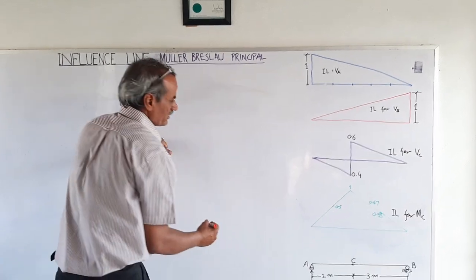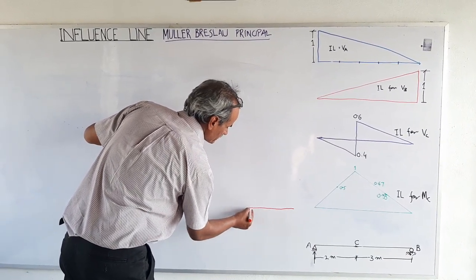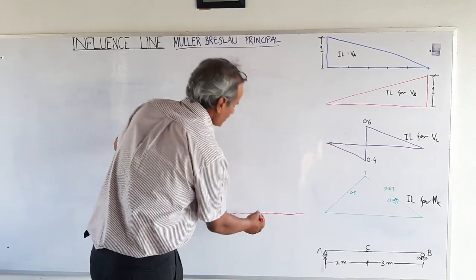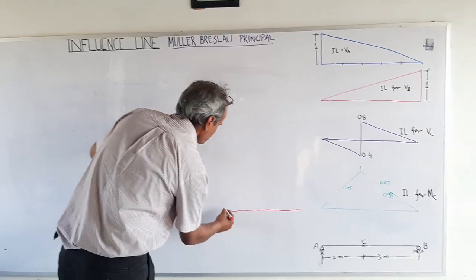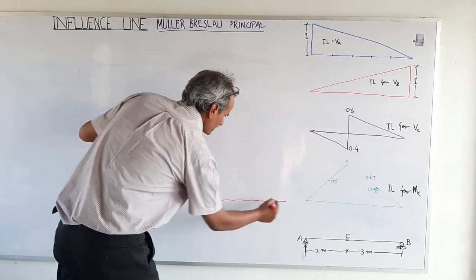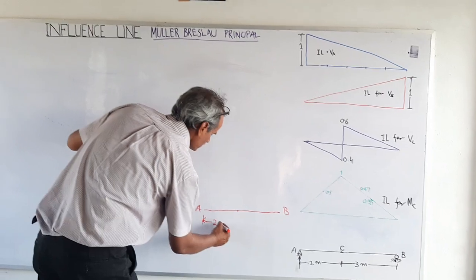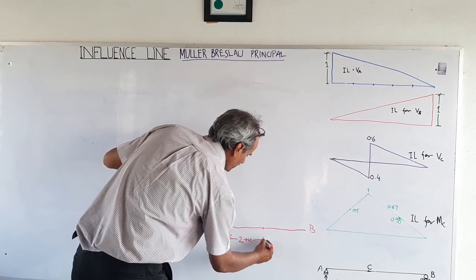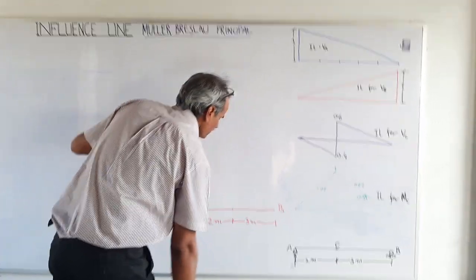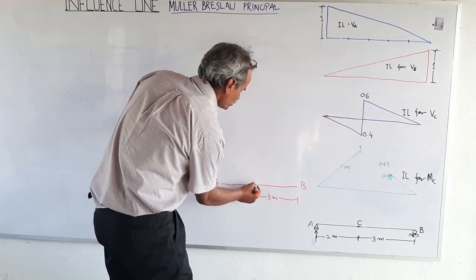Again we draw an equal reference beam line, and at C, which is 2 meters from A, AB is 5 meters, so it is 2 meters from spot A and 3 meters from spot B. At C we have provided this hinge.